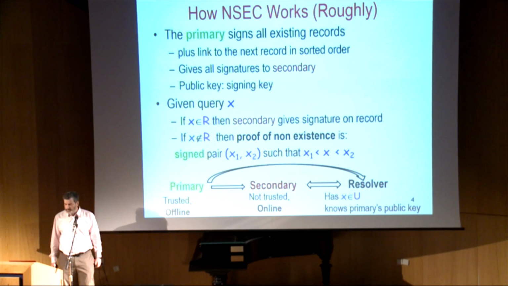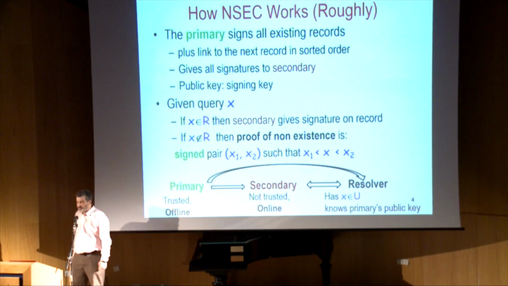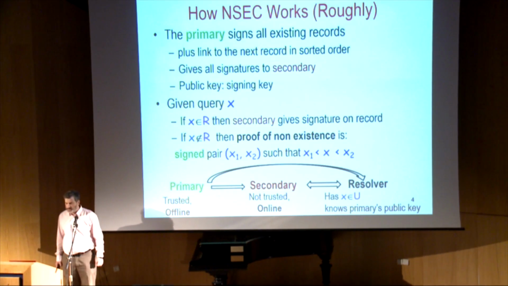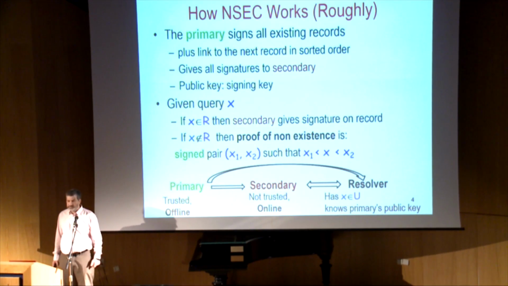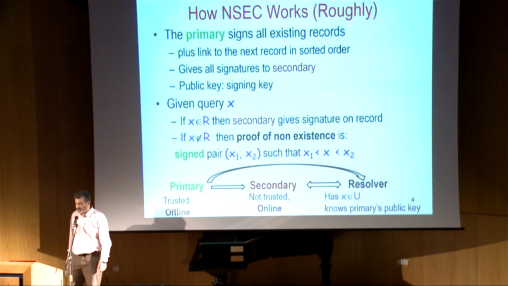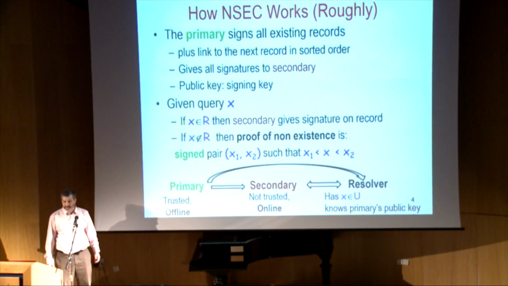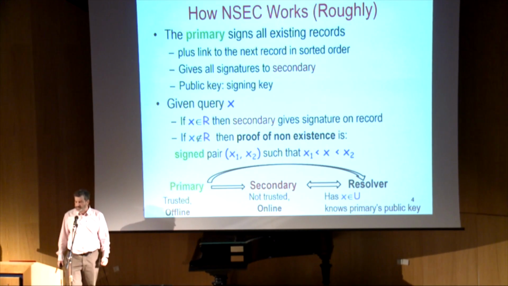So here is how the original NSEC works. The primary signs all existing records. It sorts them and puts a link to the next record in the sorted order. It gives all those signed records to the secondary, and his public key is simply the public key of his signature.